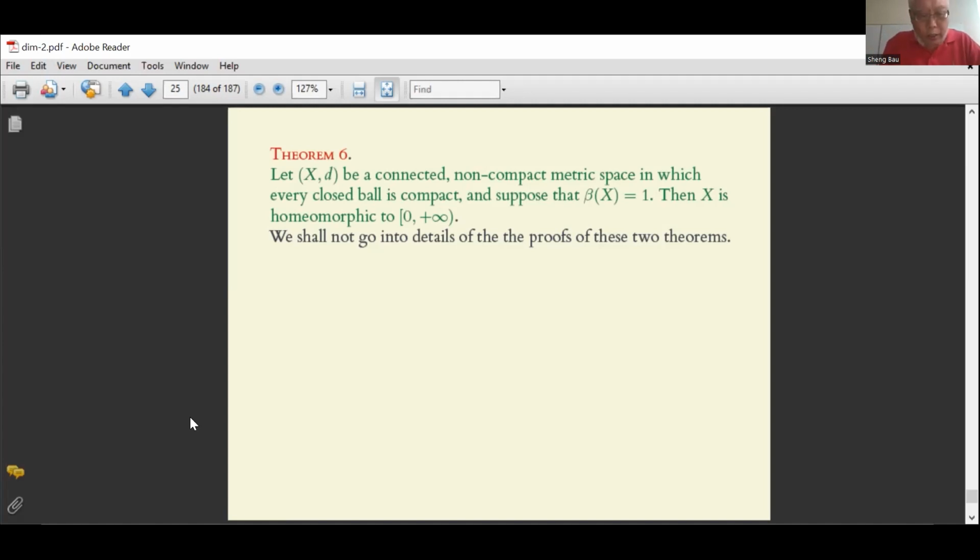So Johnson and I, Peter Johnson, he's older than me. My collaborators are all older than me. Of Auburn University in Alabama, he and I considered this problem further and found that we proved the result, but we haven't published it yet.